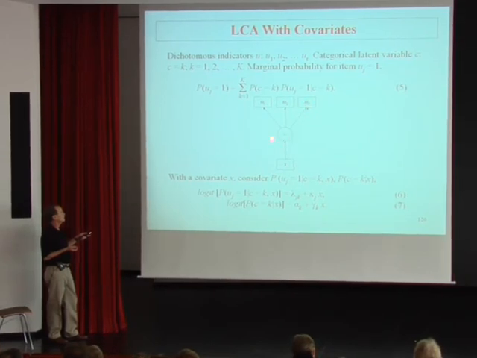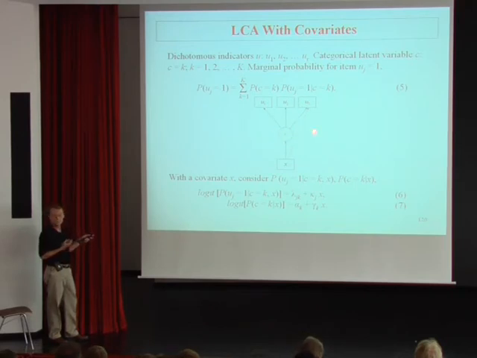U3 is a function of C only, you're saying, but it's really a function of C and X. And therefore, you would misattribute how many people are in C, and the testing would be biased. So if there is a direct effect, working without X would potentially give you the wrong number of classes.